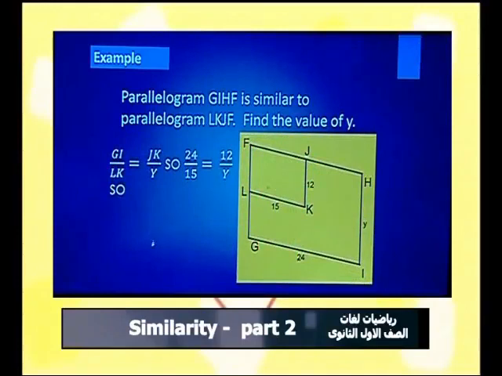GI over LK equals GK over Y. So when we substitute GI equal 24 and LK equal 15, and JK equal 12 over Y, and make cross multiplication, 12 times 15 over 24, Y will be equal to 19.2 centimeters.